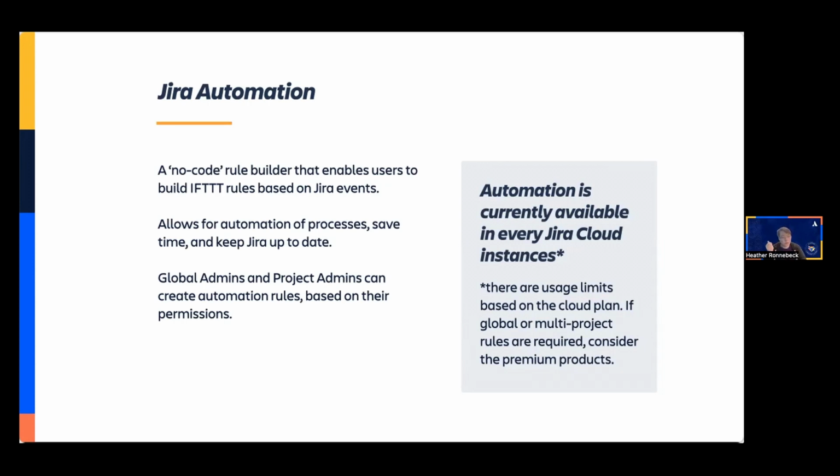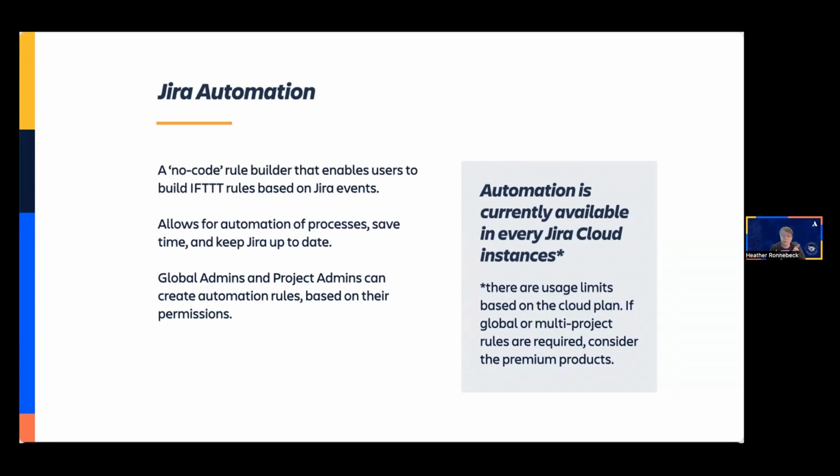Now, I will put a caveat on this that for Confluence administration, it is available in Confluence Premium, not Confluence Standard. But back onto the Jira side, to keep it in mind, however, there are limitations based off of the plan that your organization has. So some of the limits will be the kinds of rules that your company can create.